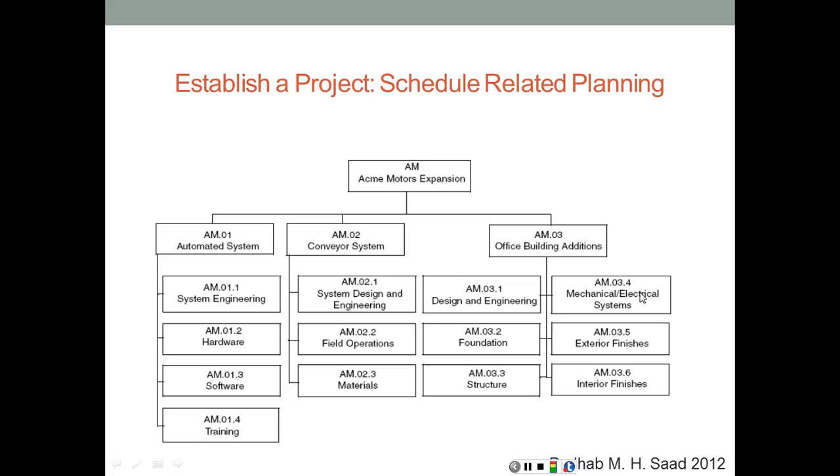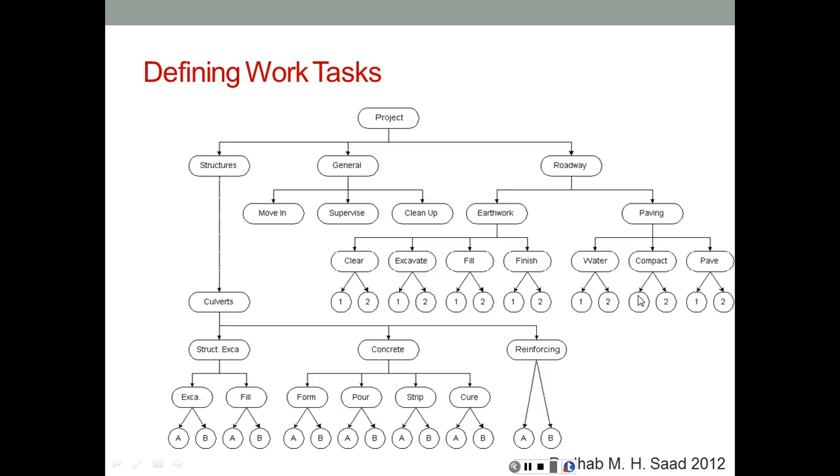Each one of these can be broken down, so it's going to be AM03401, and so on. That's another example of how a work breakdown structure is going to look like. And we're going to finish here at the end at the work tasks, which can be broken down into activities that usually do not show on the work breakdown structure.